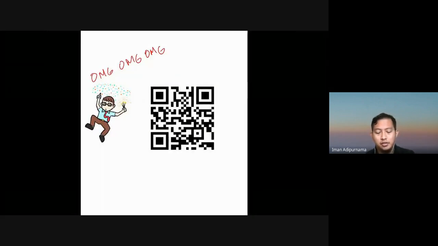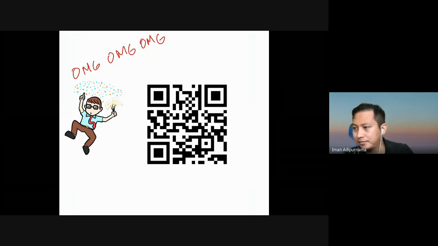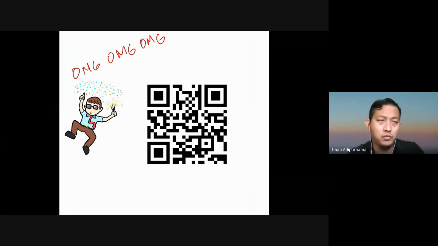Please scan the QR code. From this small game here, I will compute the leaderboard, like who the winners are.